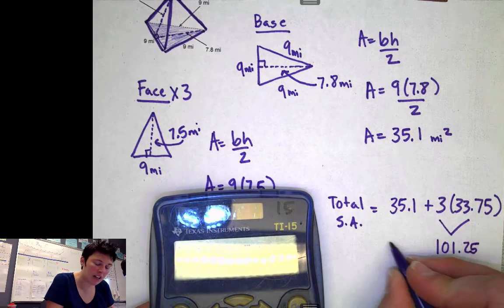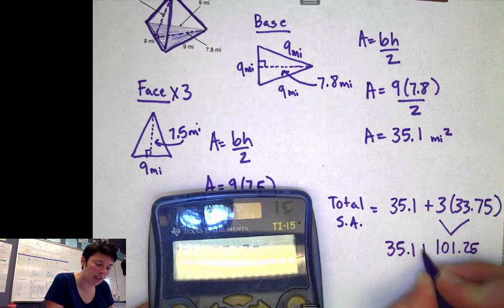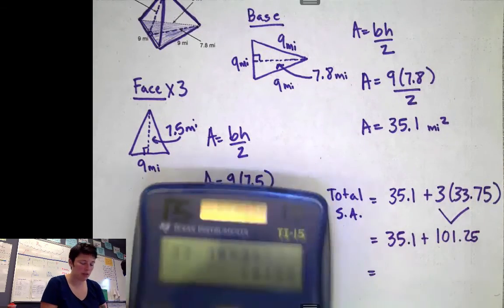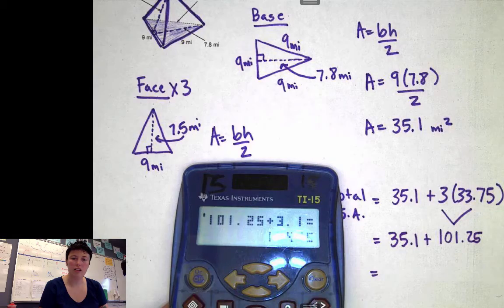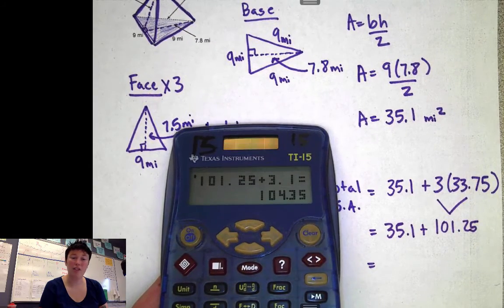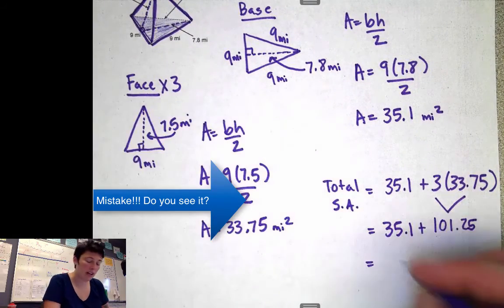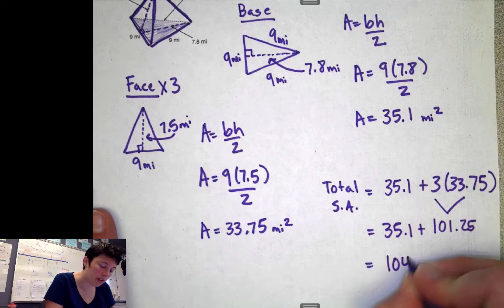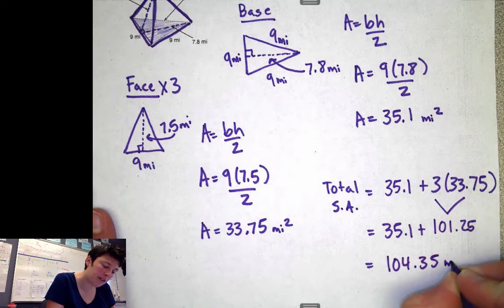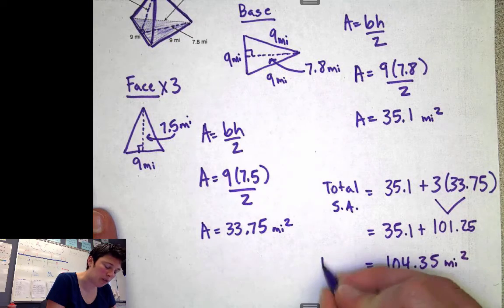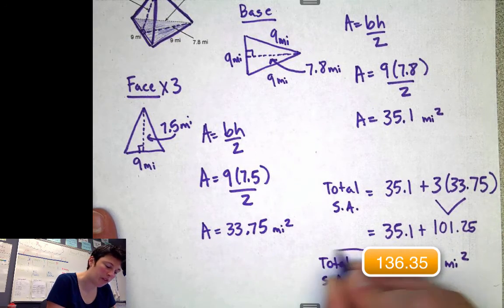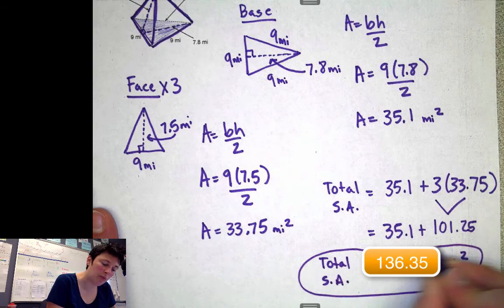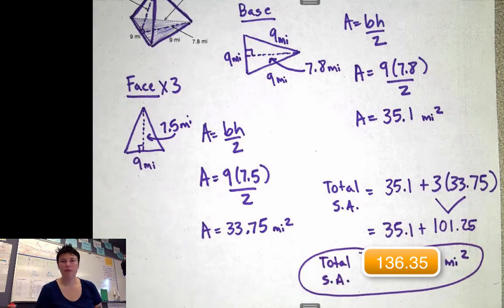And then we are going to add that to 35.1. Add that up to get our total answer. So add that to 35.1 and you get 104.35. So our answer is 104.35 and we're going to say miles squared. And that is our total surface area. I'll circle that. 104.35 miles squared.